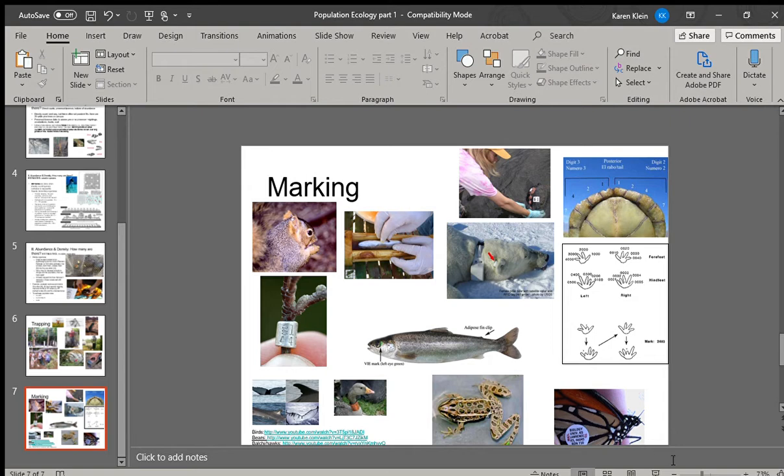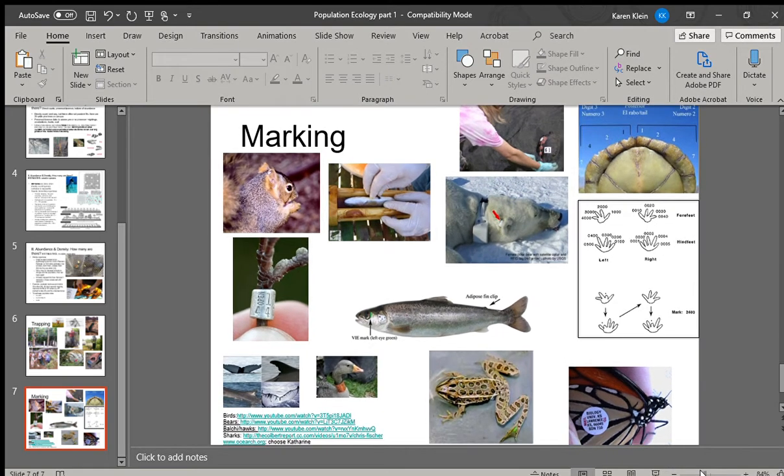So, all right, we've trapped the animal. So then how do we mark the animal? Because in an abundance study, a population estimate, you do want to know how many of them are there, and you want to know if the animal you captured was marked before. Now, there are some markings that will just indicate that you've captured the animal before, and that's it.